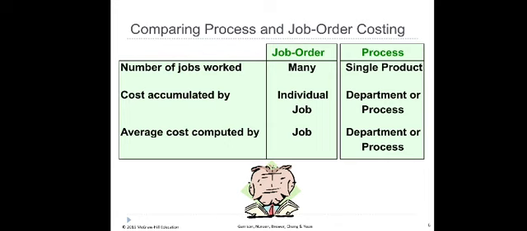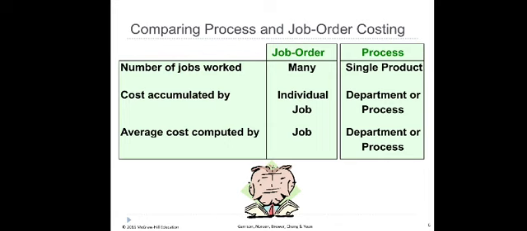Okay, these are the differences between job order costing and process costing system. You can see the number of jobs. For a company that uses job order system, there are many jobs done in one accounting period. But for a company that uses process costing system, the company produces only one product, but in many units, maybe thousands of units or millions of units.